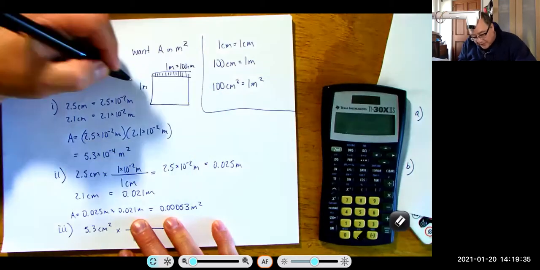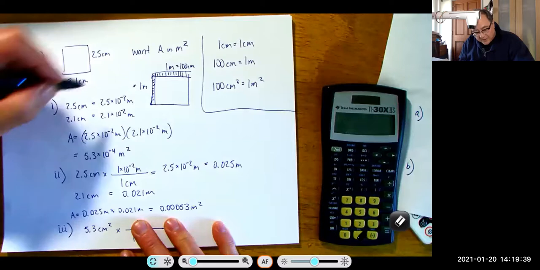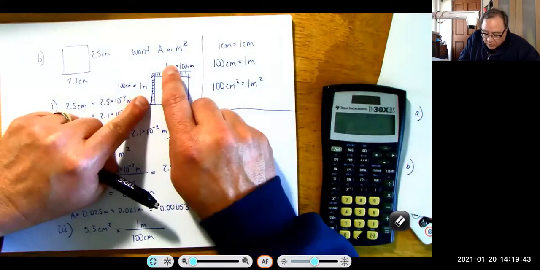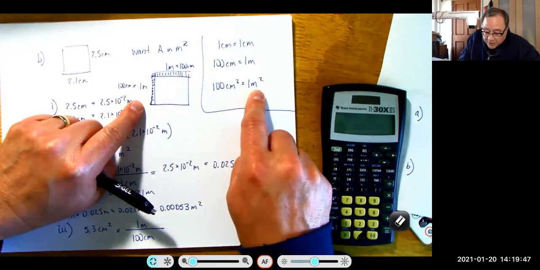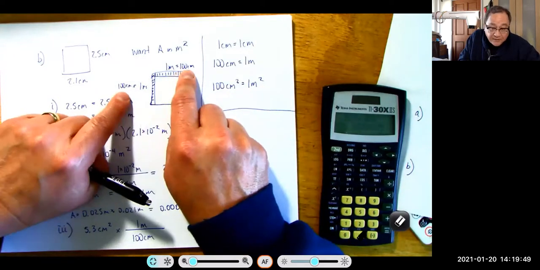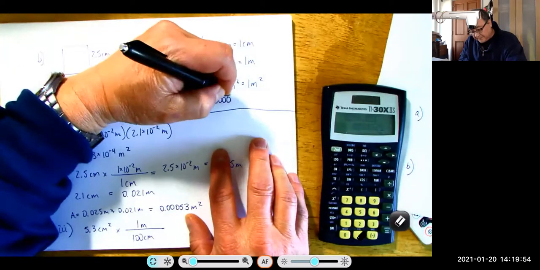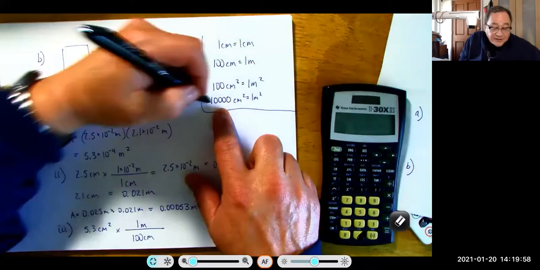How many centimeters are here? 100. So if we say 1 meter times 1 meter is 1 meter squared, shouldn't we also say 100 centimeters times 100 centimeters is 10,000 centimeters squared?